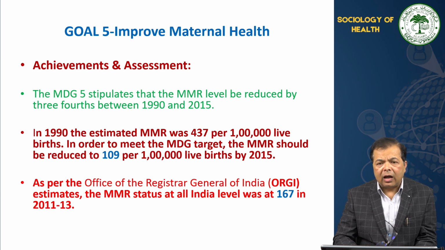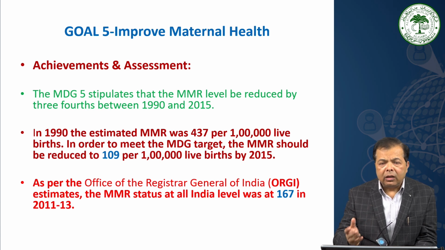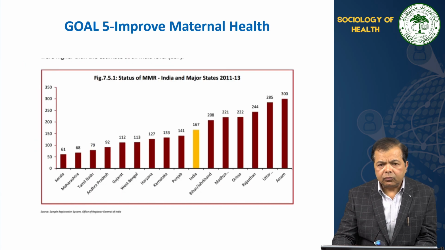So the last updated data for this reference was taken from the reference year 2011-13. That means some improvement could have been seen in the next 2 years, but at the time of making this assessment, that was not available.